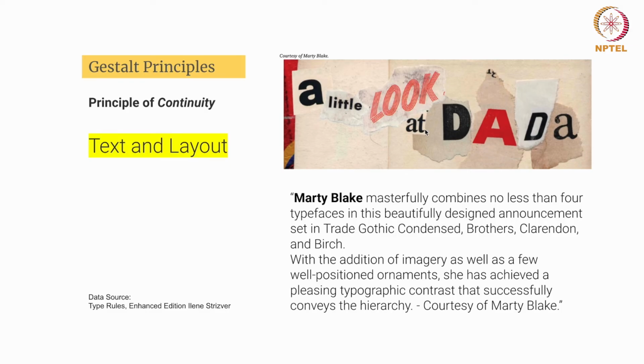And since these are all cut out, patch out kind of compositions, this has a sense of continuity in terms of the flow, how it has started and where it has ended. Even though the typeface seems very different in every segment, your eyes tend to follow this pathway and are able to read the overall composition.